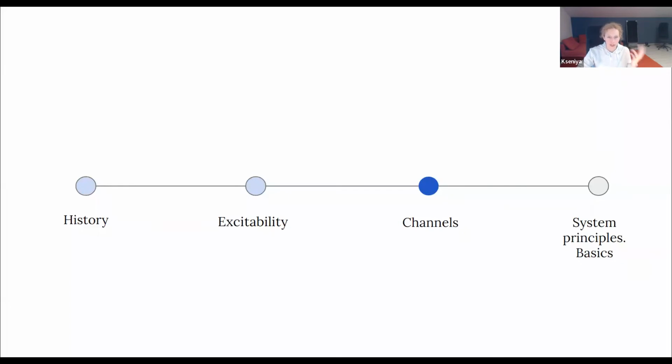Now we have figured out that all signal transmission in neurons occurs with the help of special transmembrane complexes, channels, and let's talk about them in more detail.